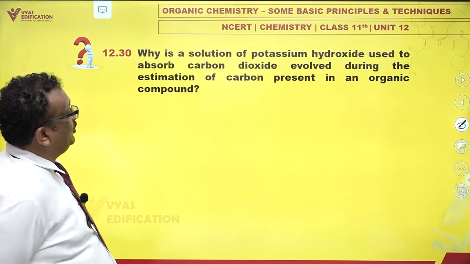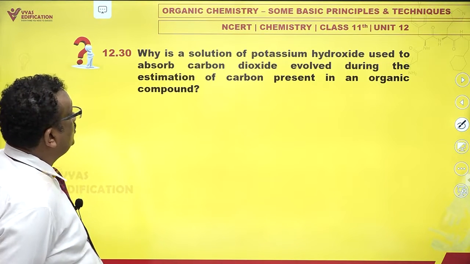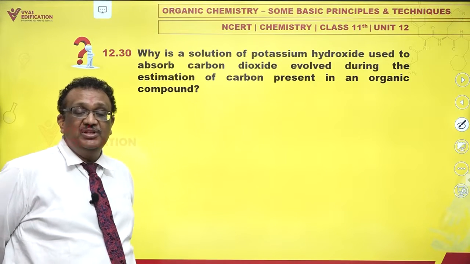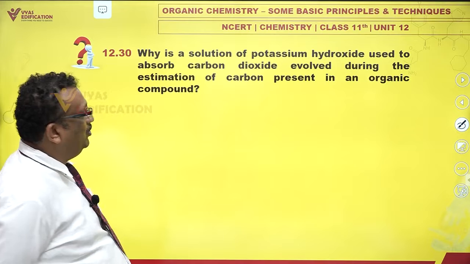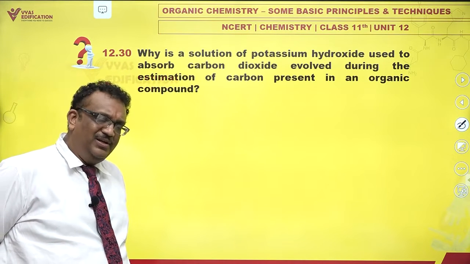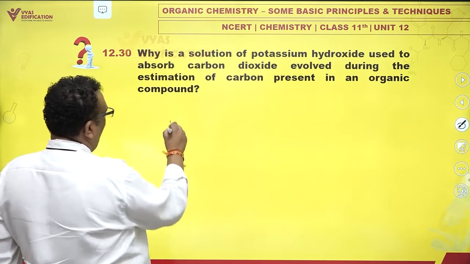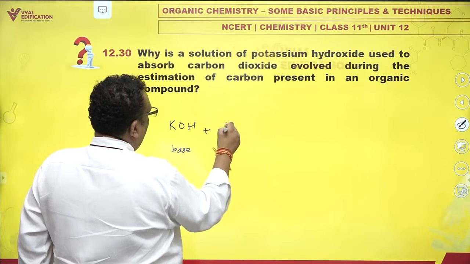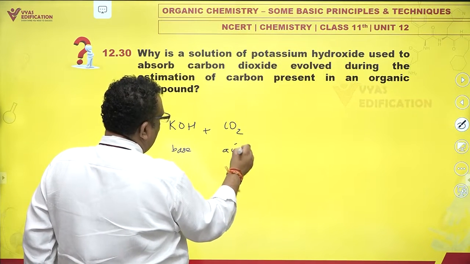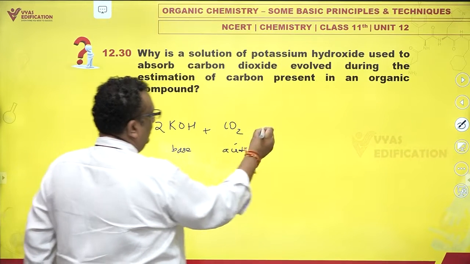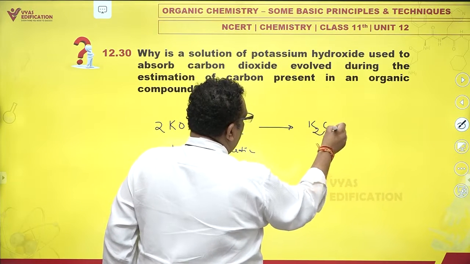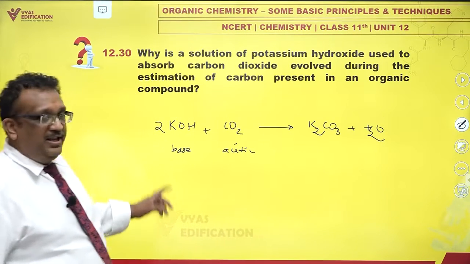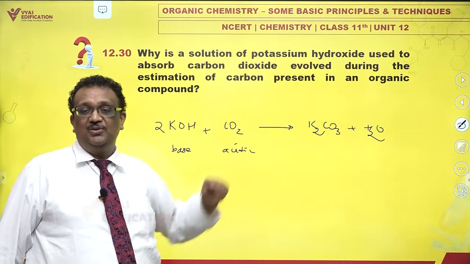Why is a solution of potassium hydroxide used to absorb carbon dioxide evolved during estimation of carbon present in an organic compound? That's not very difficult. Actually, KOH is a base and CO2 is acidic. KOH completely reacts with CO2 to form potassium carbonate.